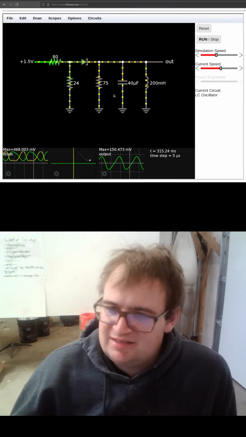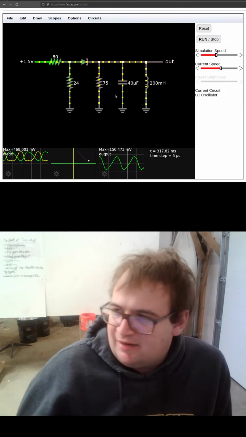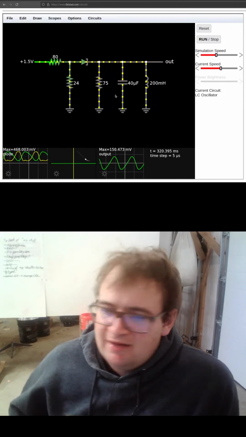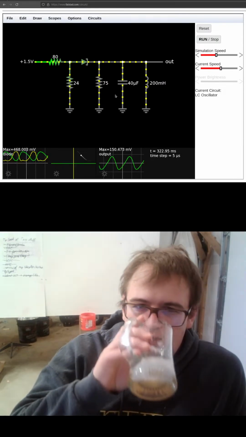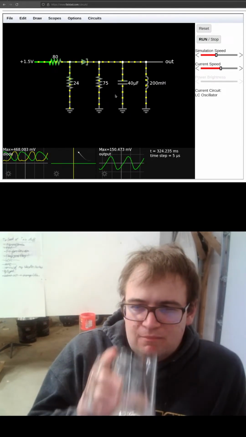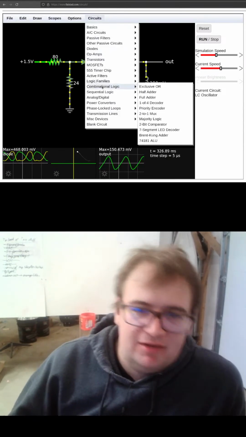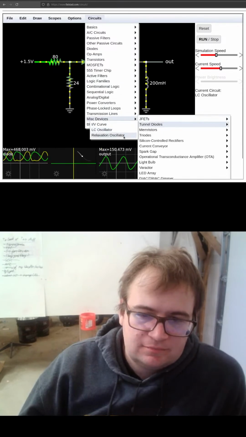Does anybody know of any good applications for a tunnel diode? It's such an odd thing. Sure, I'm just not being creative enough. Let's look at what else they have here for tunnel diodes.